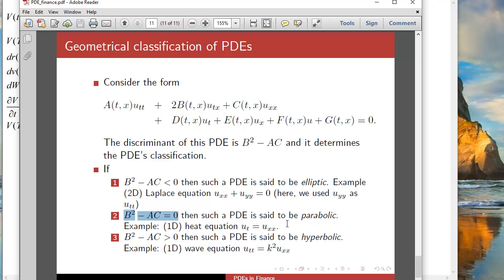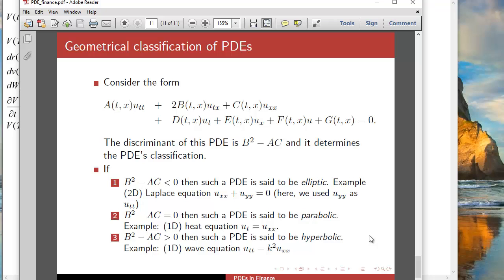Okay, so in other scientific areas you might get this Laplace equation or wave equation, but in finance you'll always get this parabolic equation. So that should really motivate you to learn something about parabolic equations, and you can assume away the whole machinery that's related to elliptic or hyperbolic equations.